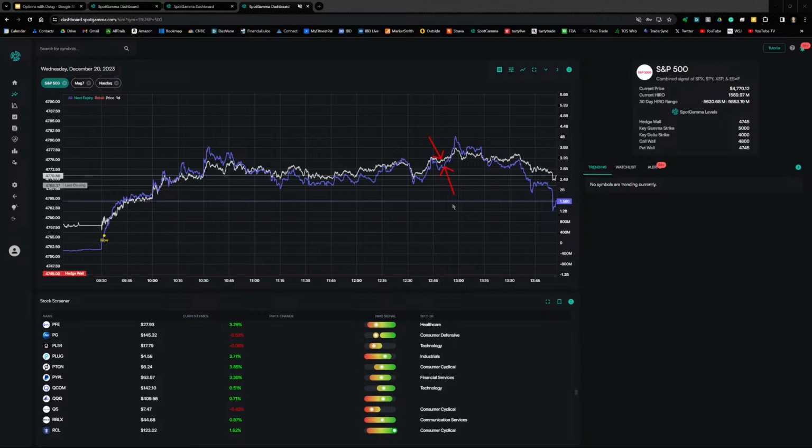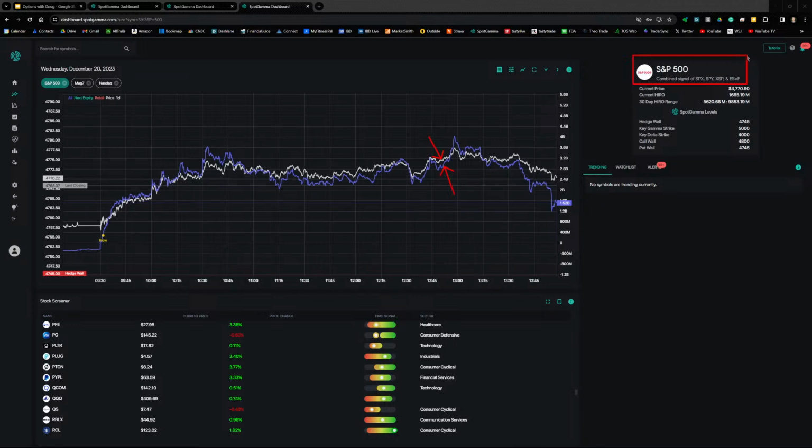That is showing options trades and market maker hedging activity for a combined signal of SPX, SPY, XSP, and ES futures. When traders buy and sell calls and puts in these underlying assets, market makers will hedge those trades. They take the opposite side of those trades, and they will hedge their delta exposure with ES futures.